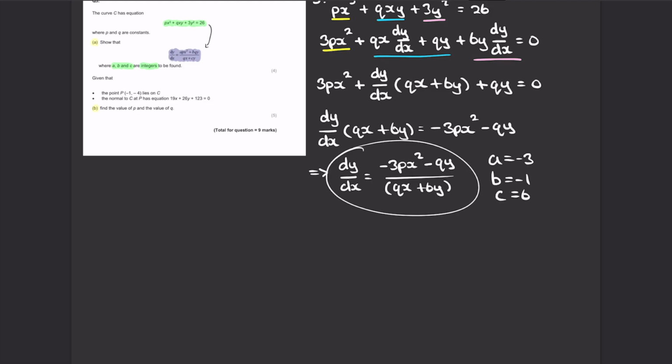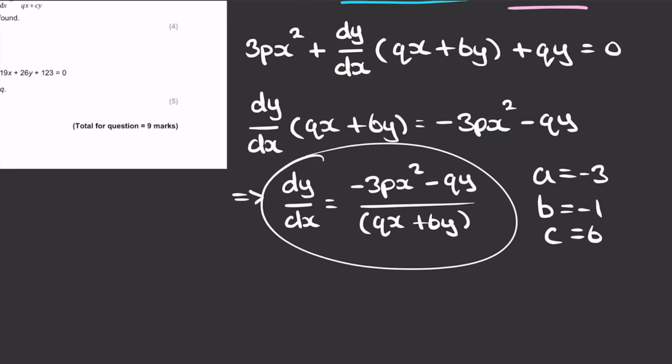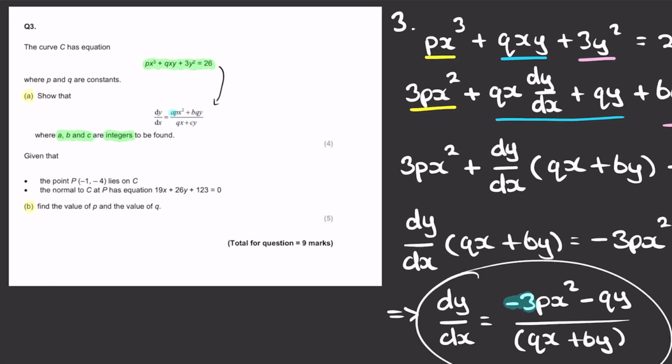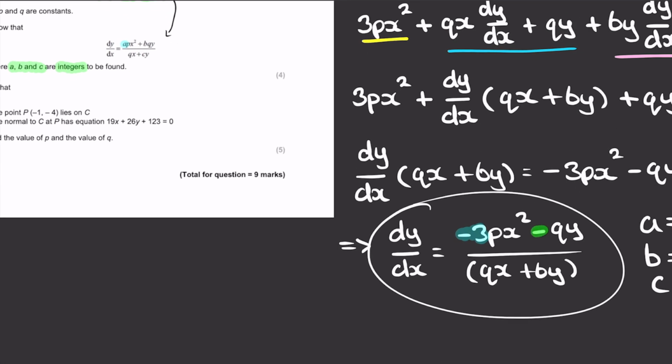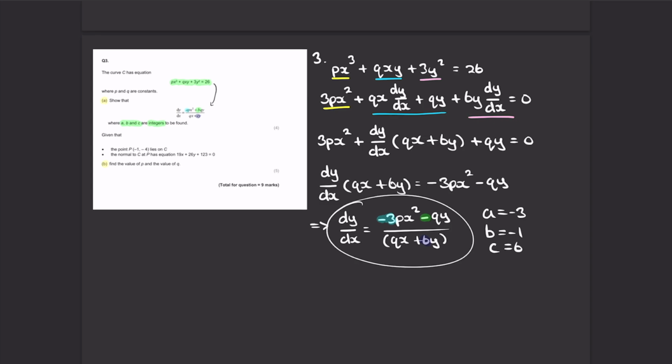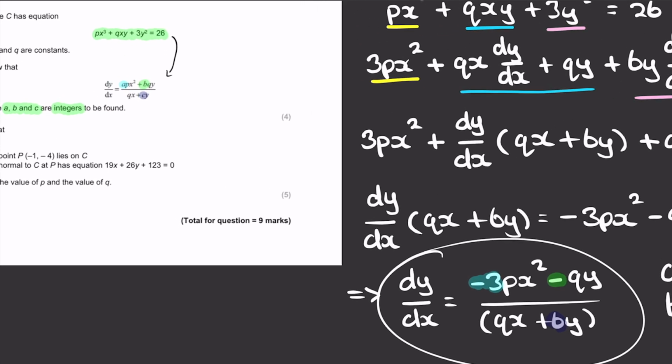I'll highlight it on here. We have a -3, right? For b, there's nothing in front of the q, so it's just -1. And then c is the +6. That's how we got those answers, just to make that a little clearer.